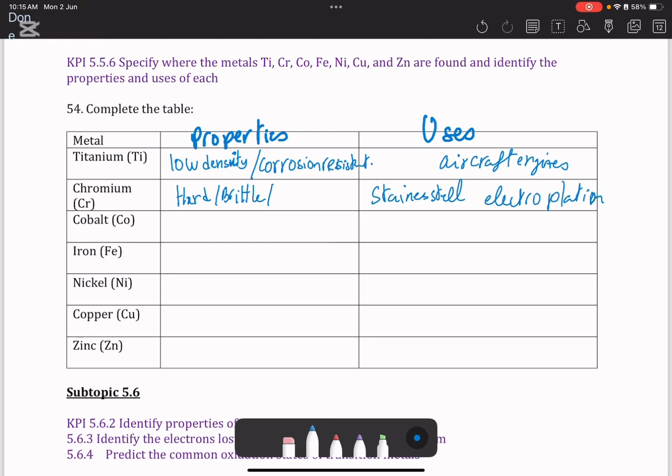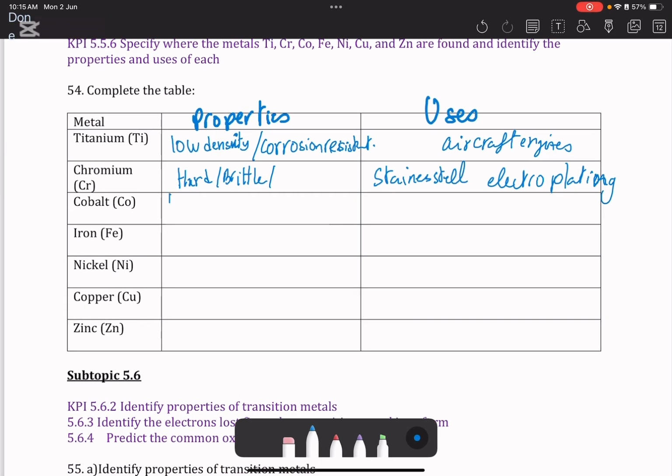It's well used in electroplating because it has a very nice color, shiny silver. Cobalt, it's a hard metal, it's magnetic. Cobalt, nickel, and iron are all magnetic. So magnetic, and it can resist corrosion at high temperature. Cobalt is used in batteries.